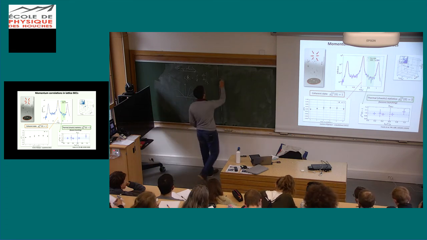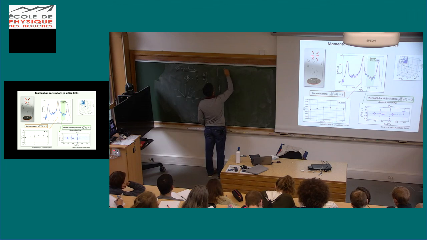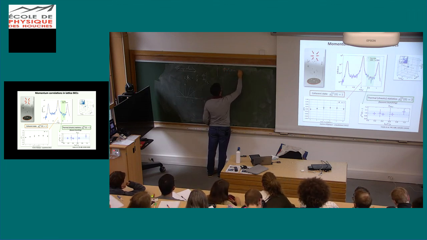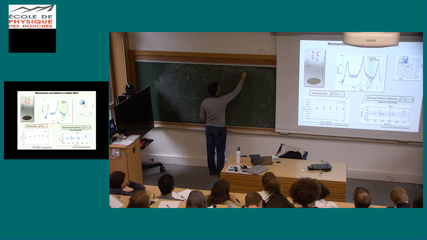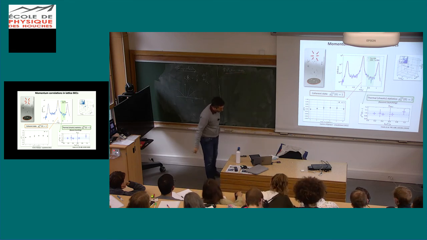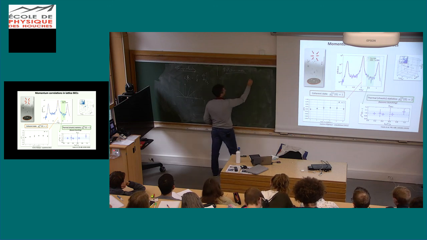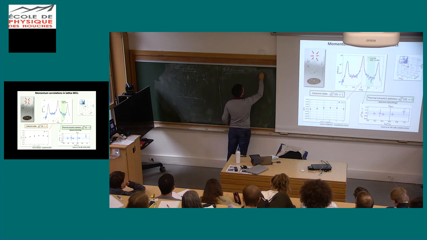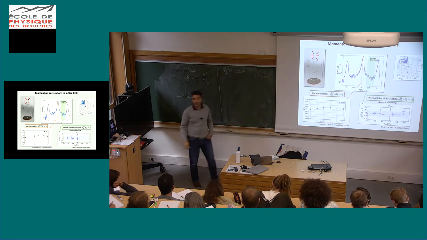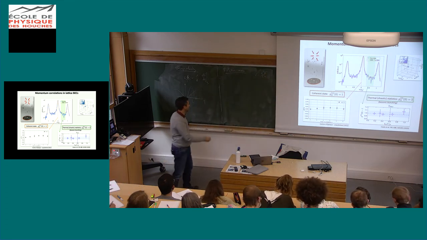The other quantity that we can introduce, which is often used, is the effective mass. And this is associated to the second derivative, right? It's just like if you think in terms of non-interacting particles, if you derive 2 times with respect to the momentum, then you gain the mass.